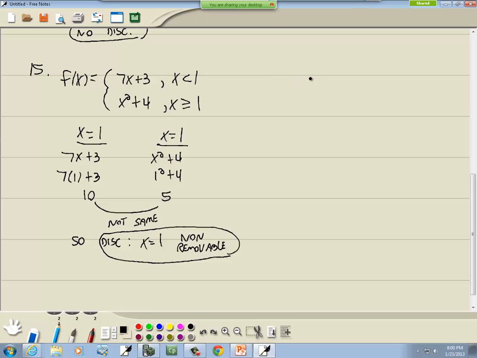Now, let me show it graphically. If I had this graph here, and then down here, and this x value was when x is equal to 5.